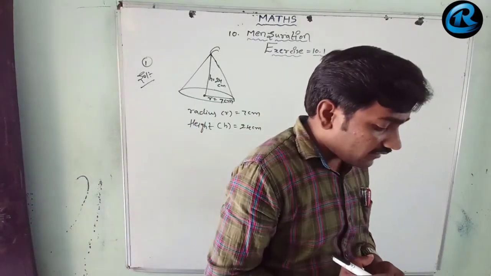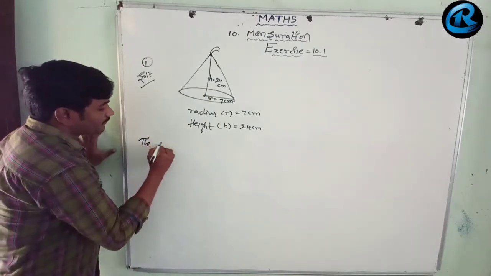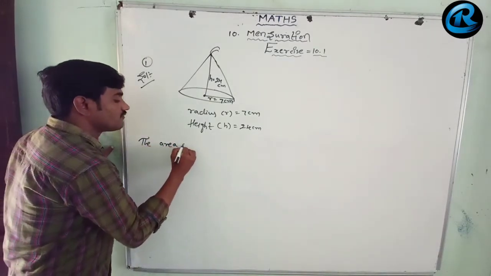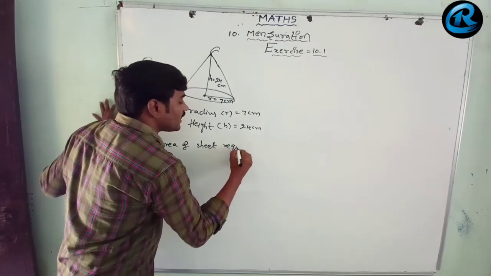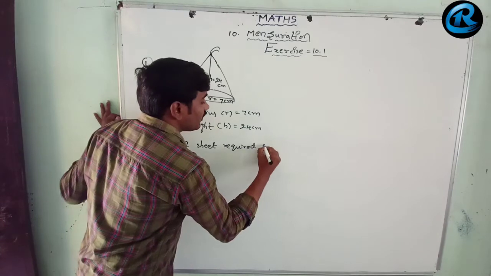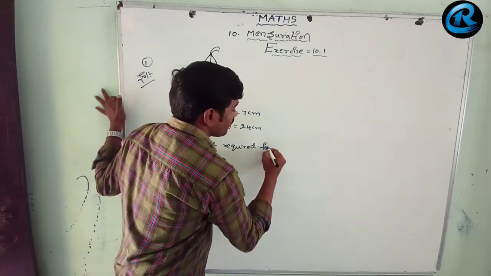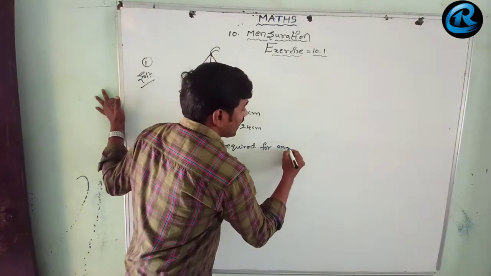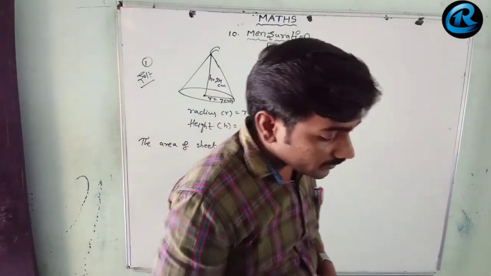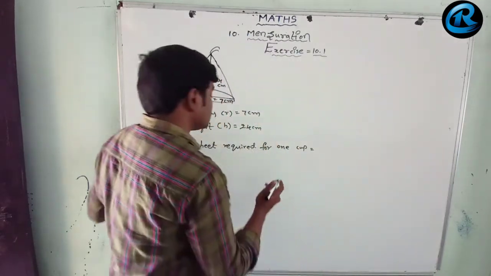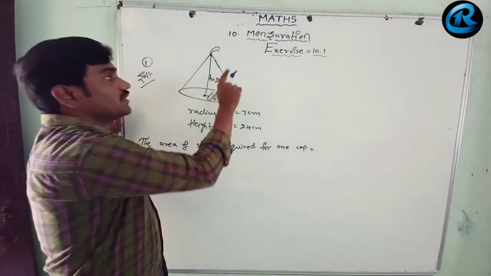The area of sheet required for one cap is equal to, what formula do we use?